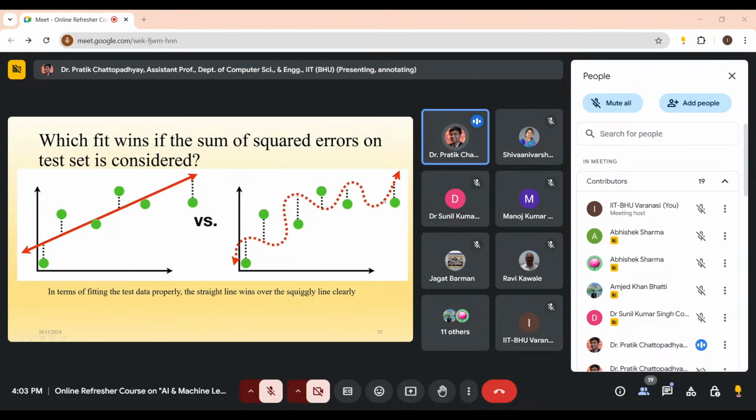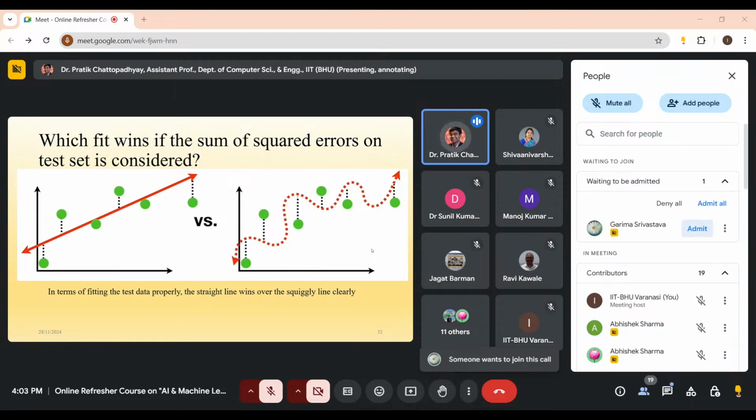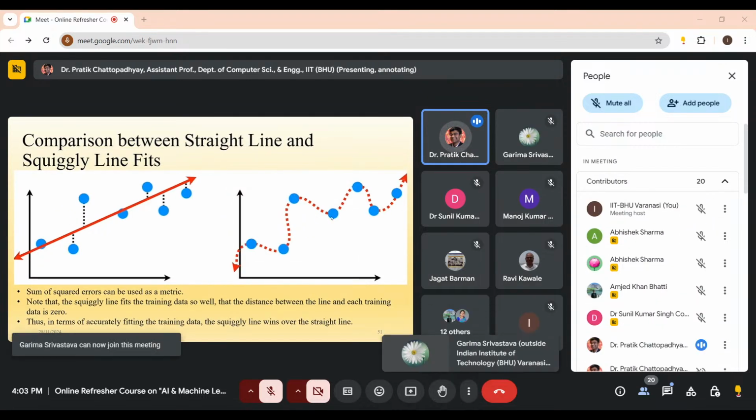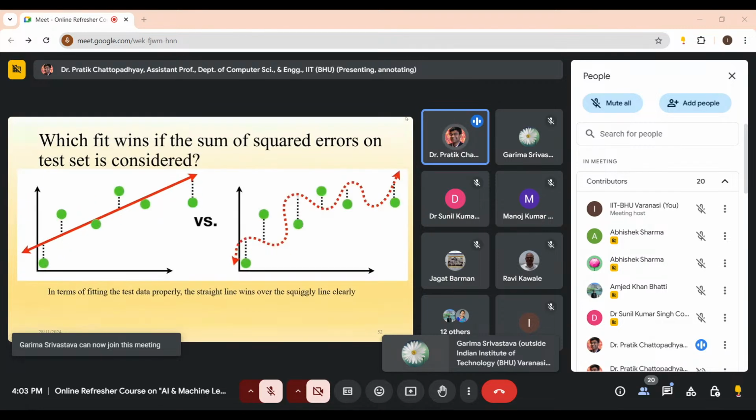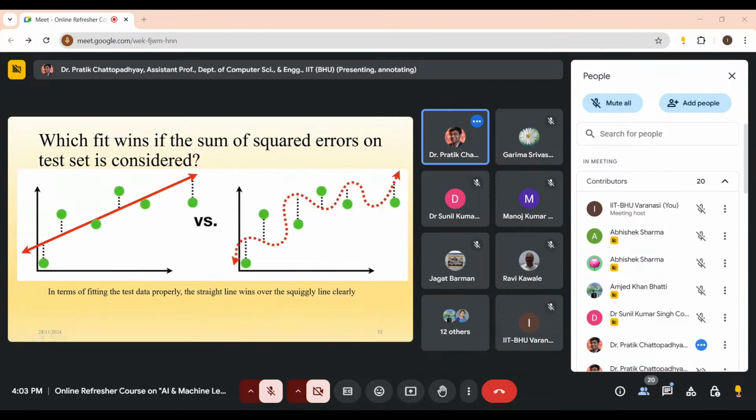So one thing we can see here: if we make the model very complex, if we constrain the model to pass through all the points, then the model learns the training data very well. Its training error is almost 0, but its performance on unknown data suffers.